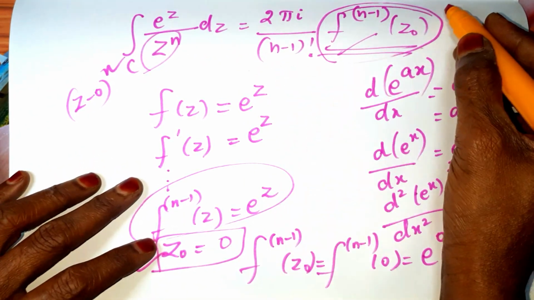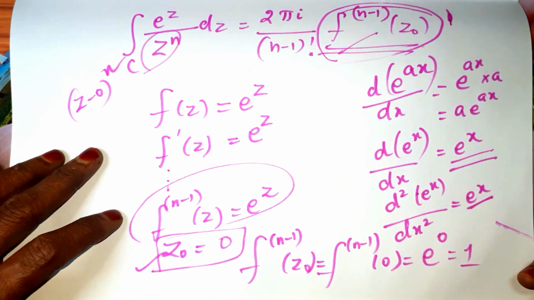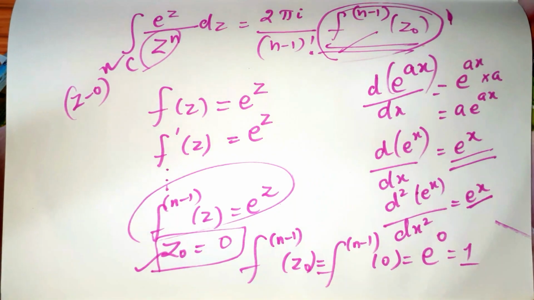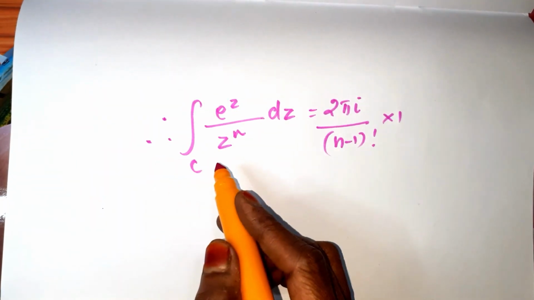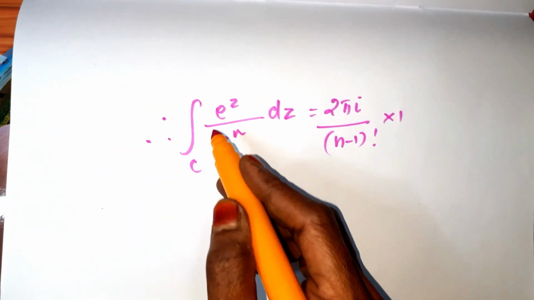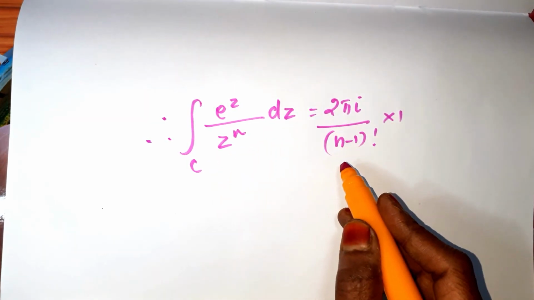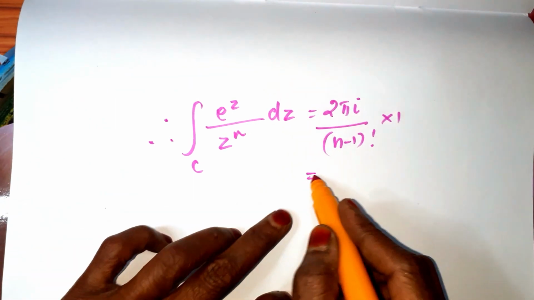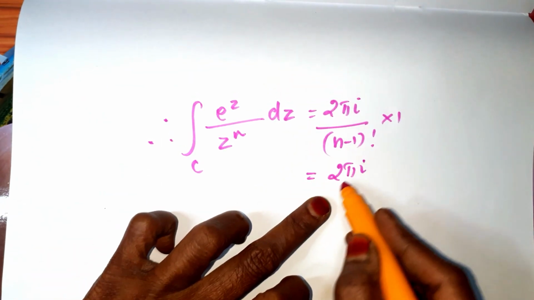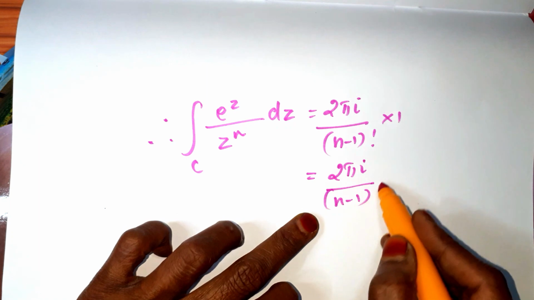So what is the answer? 2 pi I into 1 by n minus 1 factorial. So what is the final answer we have? Integral over c e power z by z power n dz is equal to 2 pi I by n minus 1 factorial into 1. So final answer is 2 pi I by n minus 1 factorial.